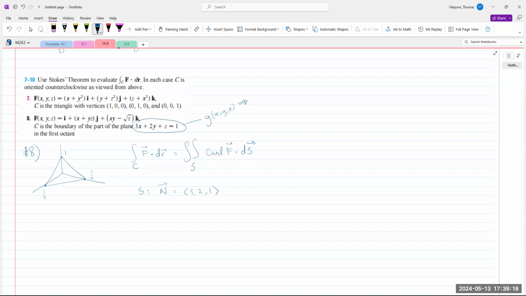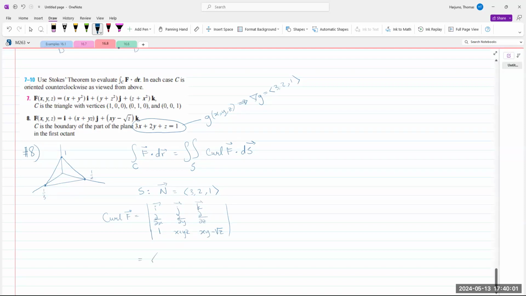Then the gradient of G, which is the normal vector, the vector normal to the surface, will be (3, 2, 1), right? On the other hand, the curl of vector field F is the determinant of i, j, k; ∂x, ∂y, ∂z; and the components 1x plus yz, xy, minus square root of z.